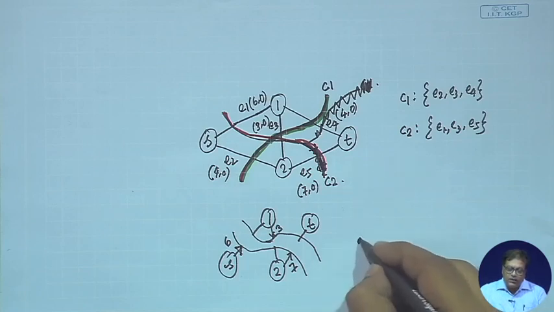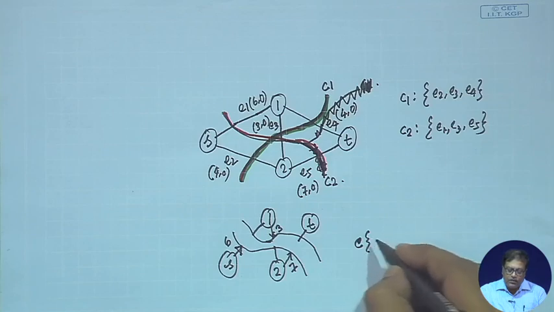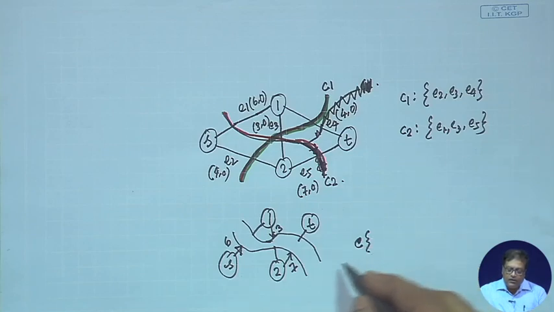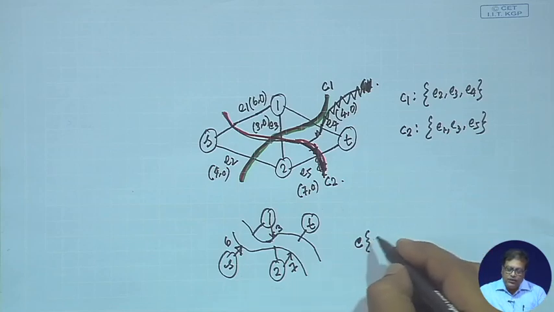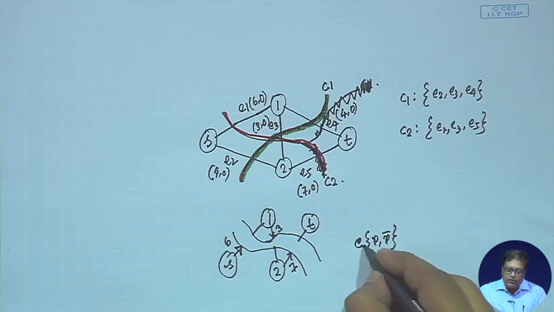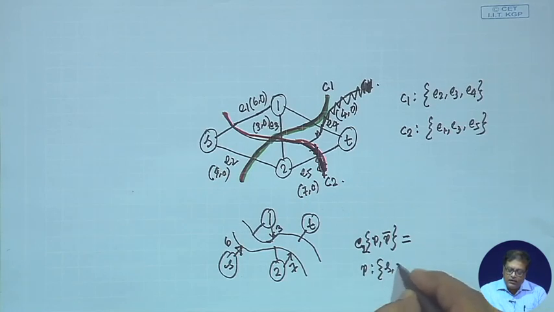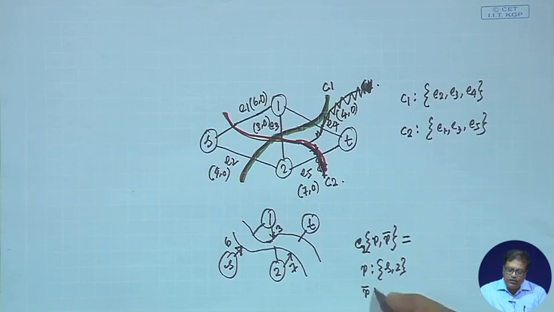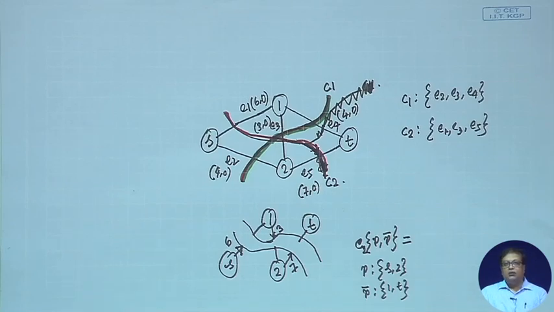So, let us write P bar for C2. What will be C2 P bar, where P is the S side, that is S and 2, and P bar is 1 and T? What will be its capacity?